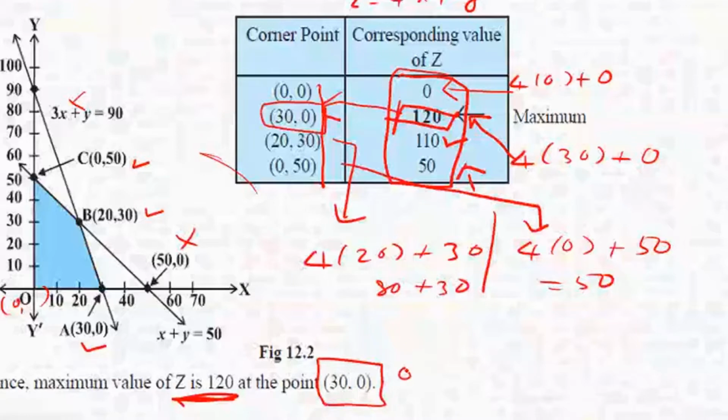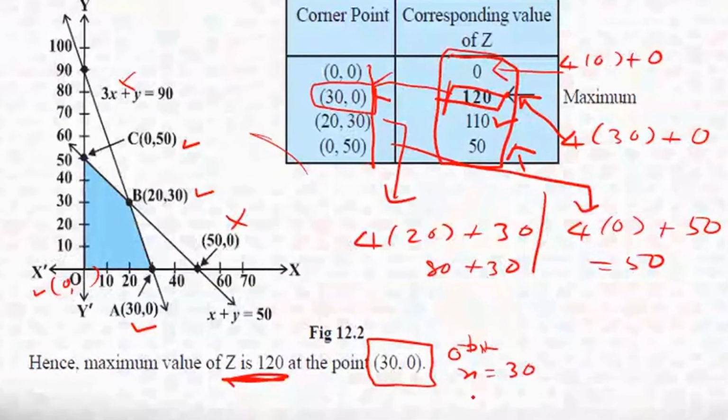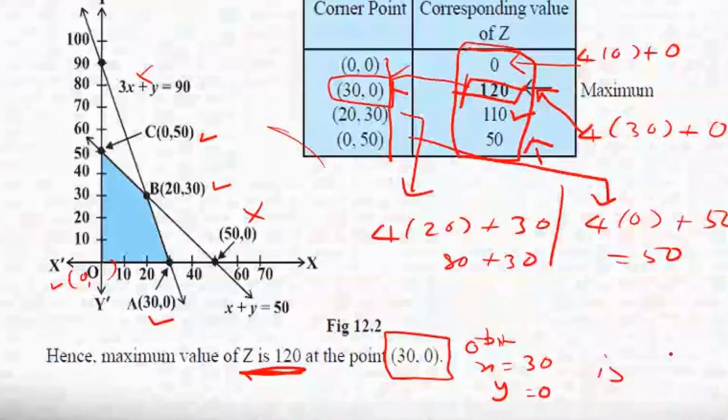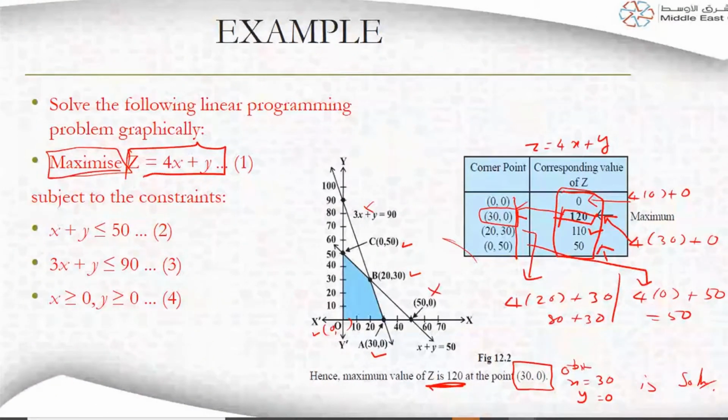You can say x is equal to 30, y equal to 0 is the solution, with z equal to 120. So this is the easiest way to solve a linear programming problem, and it is very easy because drawing the graph can be done by any software. Any number of equations we can put in.